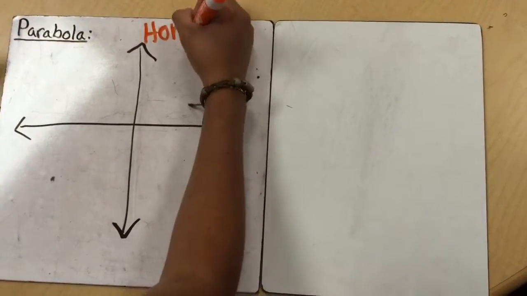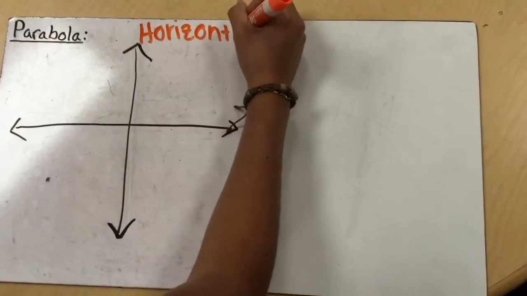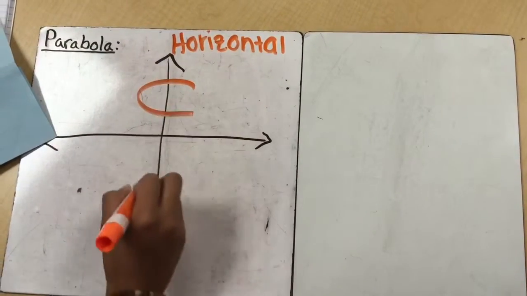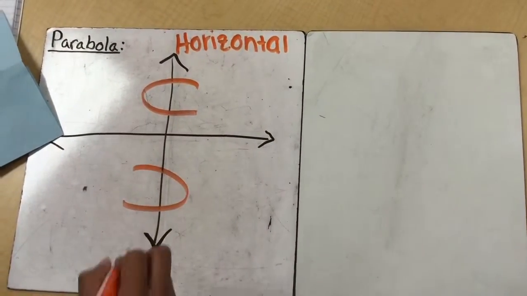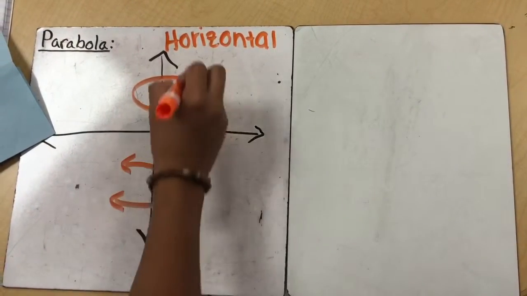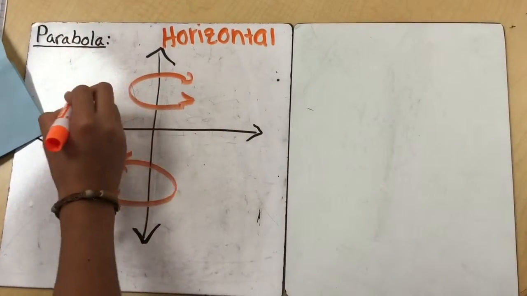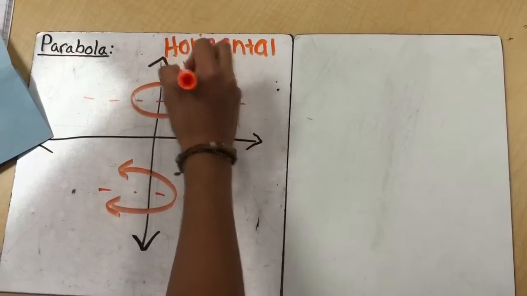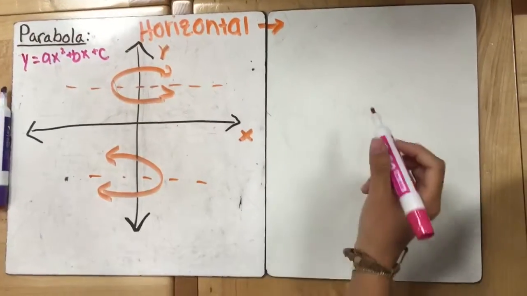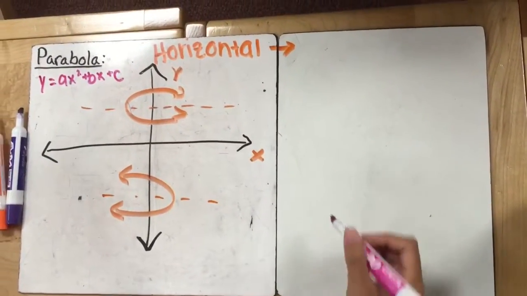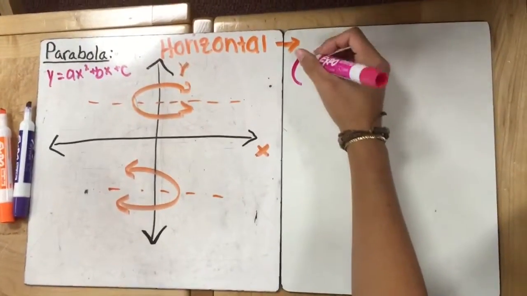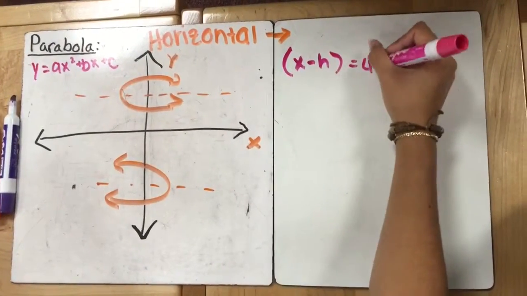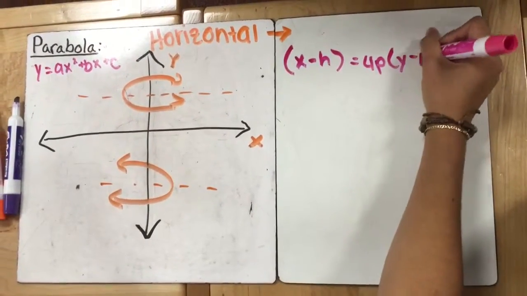For horizontal parabolas, your parabola is going to be facing either to the right or to the left, the open end. And here, you're going to be crossing the y-axis. So for a parabola with a horizontal line of symmetry, the equation we're going to use is x minus h equals 4p times y minus k squared.